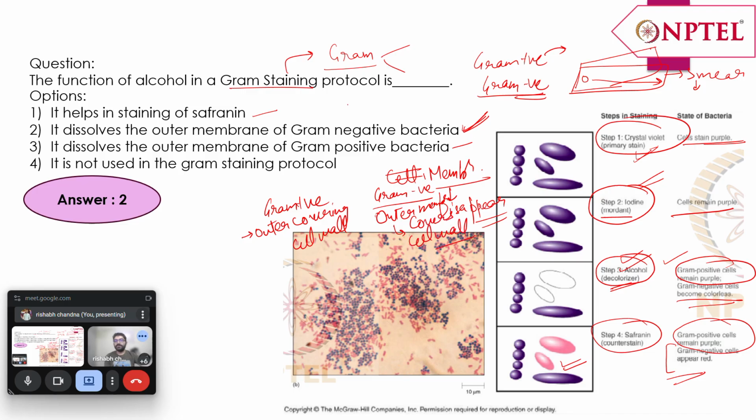That's why when alcohol was added, this outer membrane was dissolved, and now when we add a counterstain, it stains the cell wall of that bacteria. So the function of alcohol here is to dissolve the outer membrane of the gram negative bacteria. Okay, is the procedure clear, and the question also?